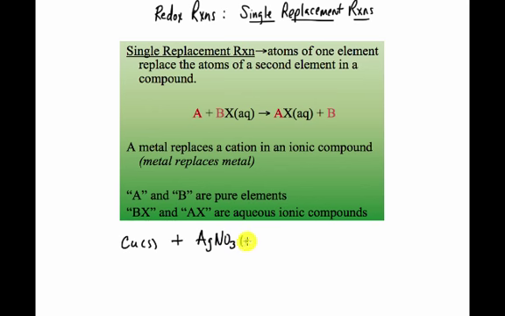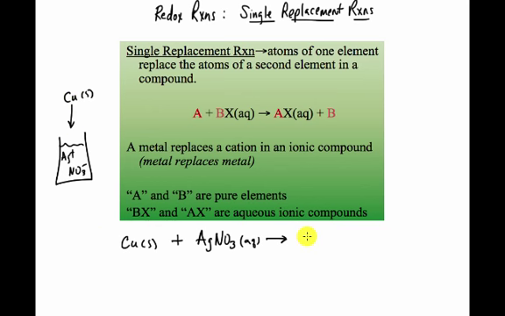Now technically this is not silver metal, this is a silver ion, which is going to be very different from silver metal, as you're going to see in a second. So you would have a solution that has silver ions floating in it, that's the aqueous, with nitrate ions in there. And I'm going to drop copper solid into that solution.